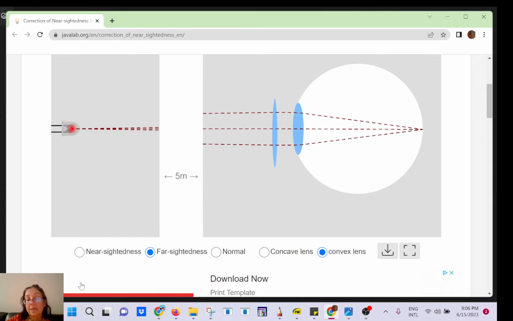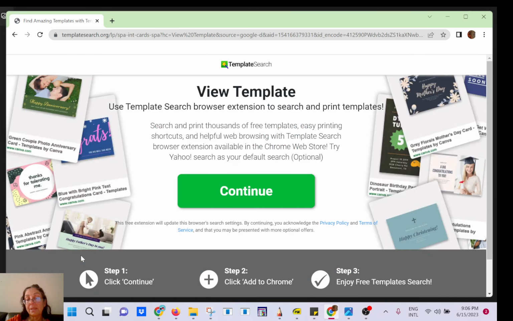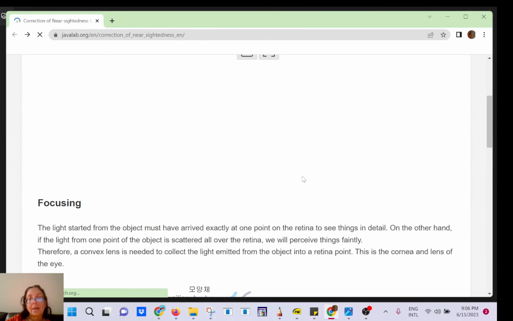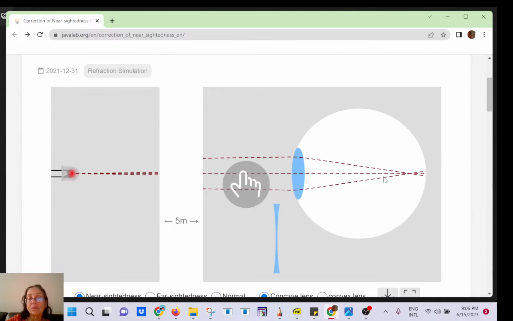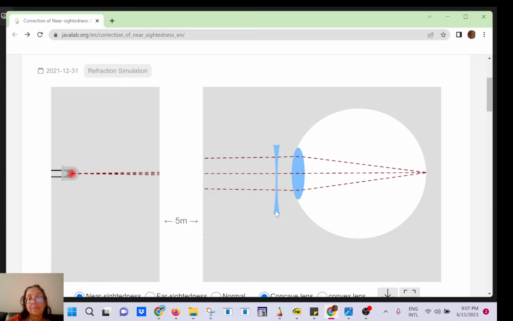Nearsightedness, of course, is going to need the most expensive lens to buy. I lost my simulation. No, here it is. Okay.